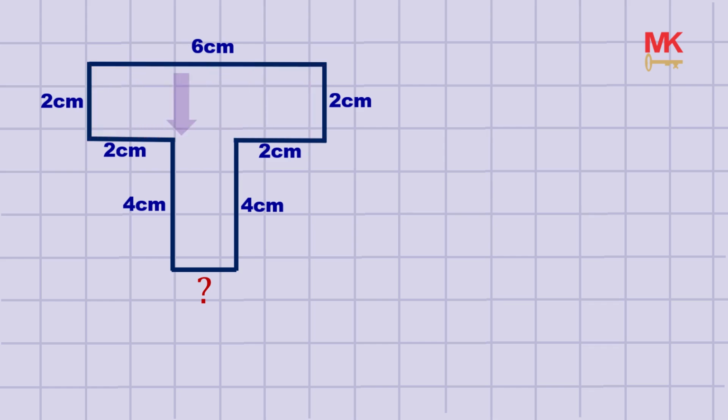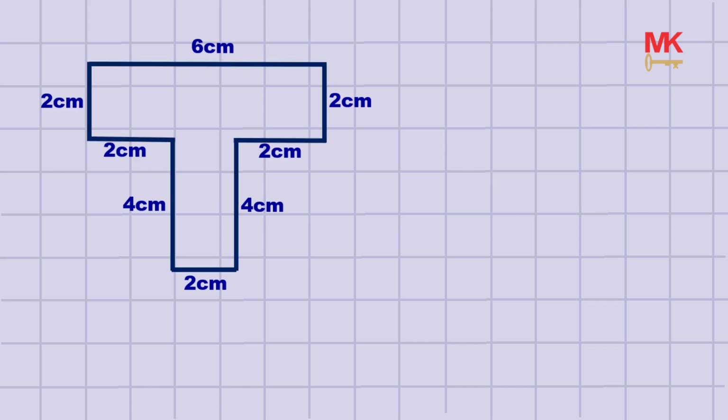This means that here is automatically 2 centimeters, since 2 centimeters plus 2 centimeters plus 2 centimeters balances the opposite side, which is 6 centimeters. This means that if we consider this rectangle again, the length below must be 2 centimeters. Now all the sides of the shape have been found.